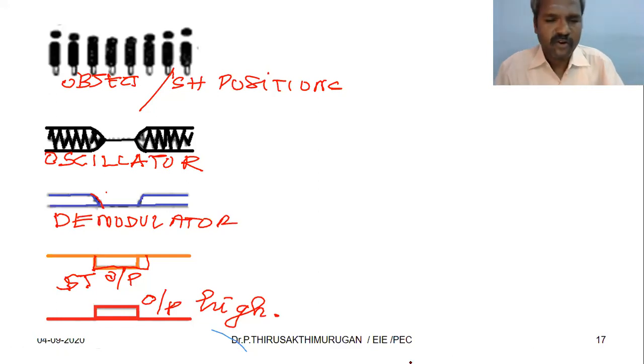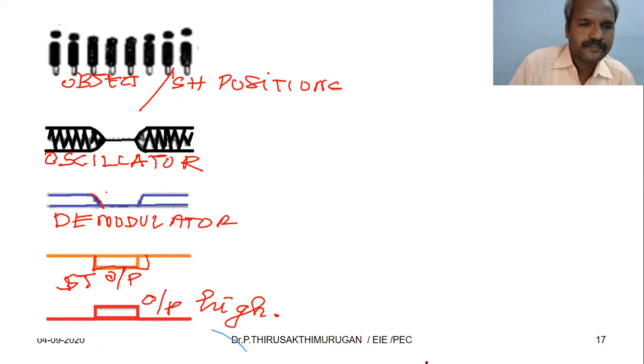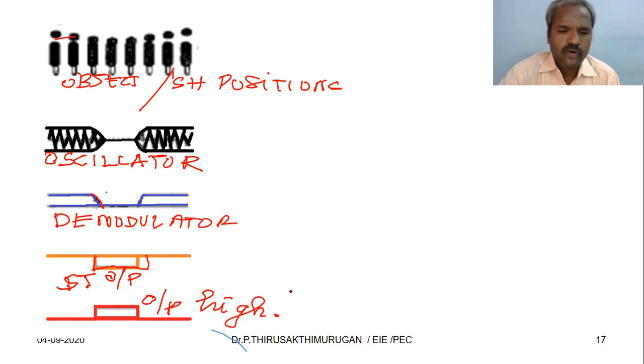If the metal is not detected, the output amplitudes of the oscillator and demodulator stages are high, so the Schmitt trigger output goes low and the output is high.